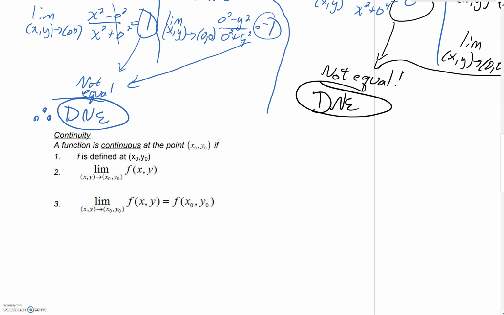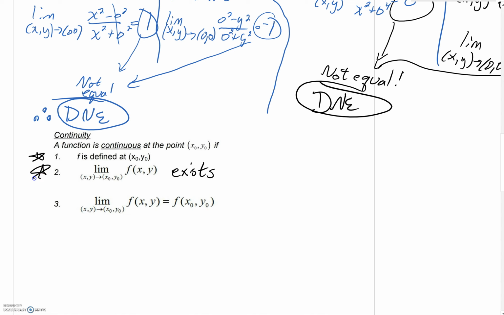Continuity. Well, to get continuity, a function is continuous. You might remember it's the same three-pronged test that we had in single variable calculus. Your function had to be defined at a particular point. Your limit, as x approaches that first value, in this case a point, exists.